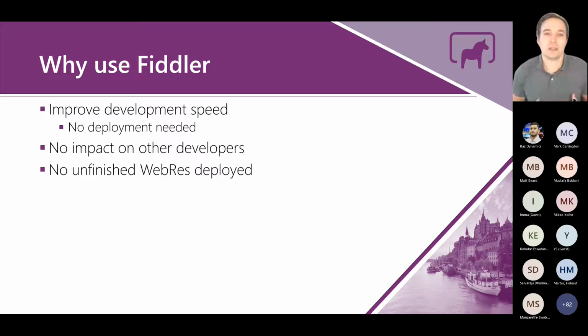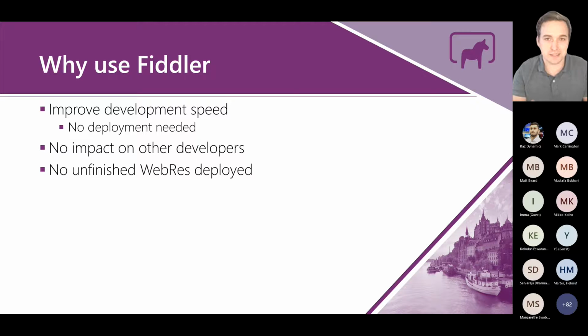So why should we use Fiddler? The biggest plus point, I would say, is that it improves the development speed tremendously. You don't have to deploy your stuff to your Dataverse environment. You just build it locally and then directly test it.